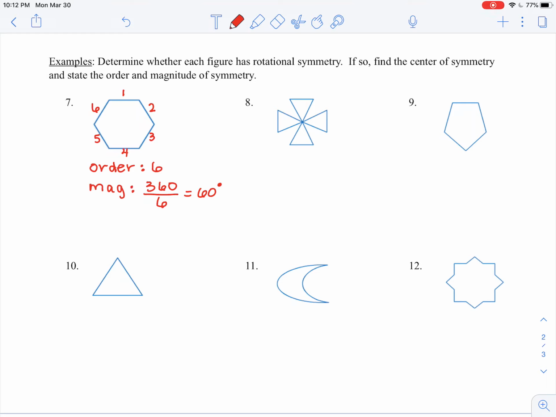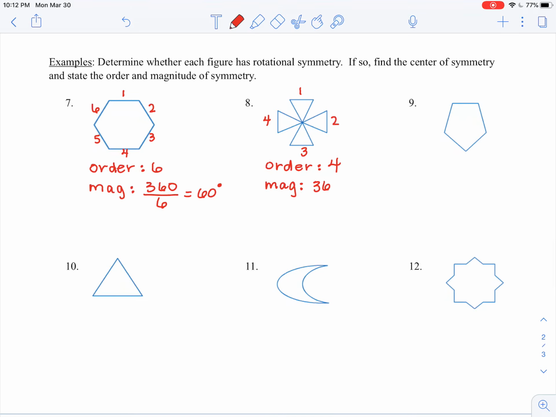In question number 8, this picture also has rotational symmetry. It has an order of 4. So again, being able to rotate this picture so that each of these triangles has a turn up at the top. So here we have an order of 4, which means that our magnitude, always 360 divided by order, is 90 degrees.